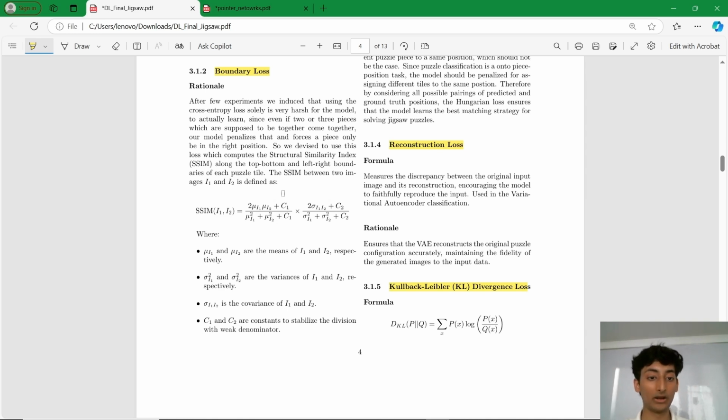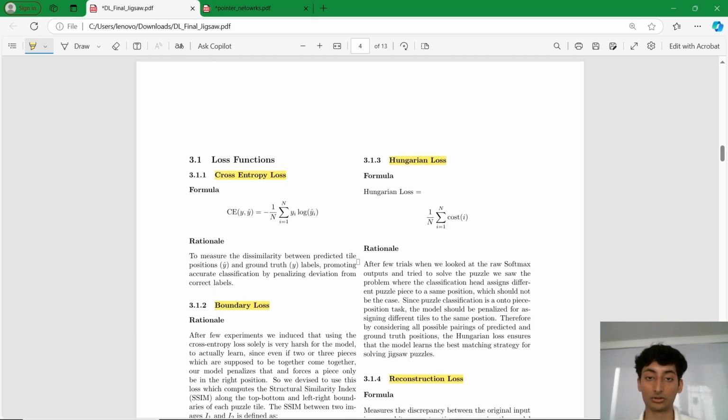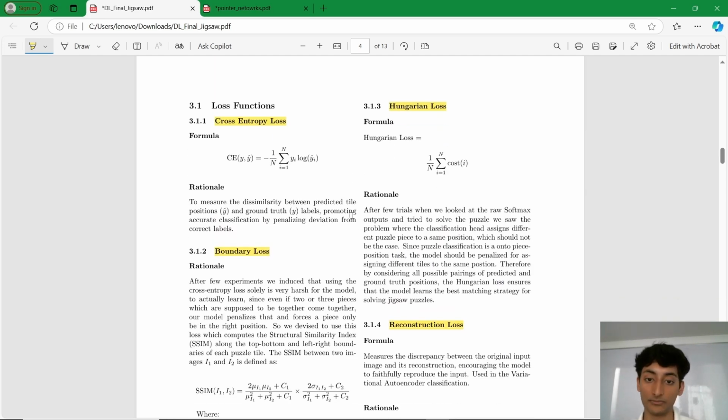The SSIM between two images, I1 and I2, which is like, let's say, tile 1 and tile 2, is given by this, where mu I1 and mu I2 are the means of image 1 and image 2 respectively, sigma squared are the variances, and this is the covariance, and C1, C2 are constants to stabilize the division with a weak denominator, so we don't get a very big loss or infinite loss.